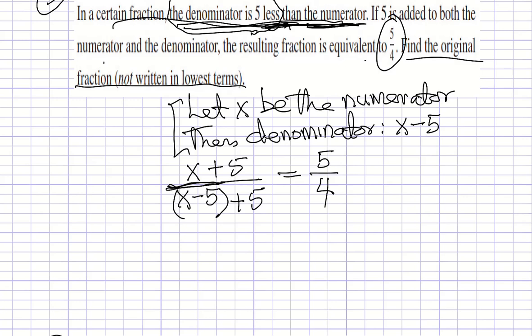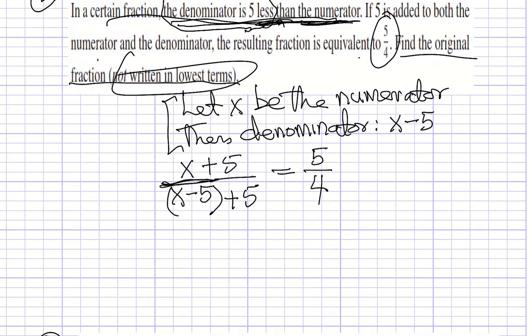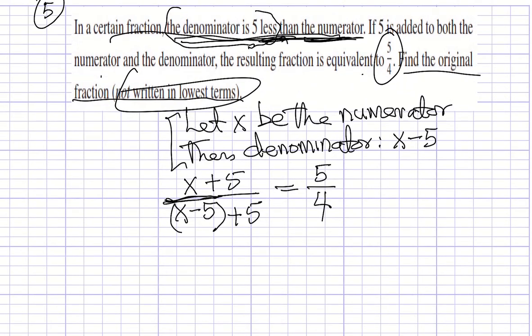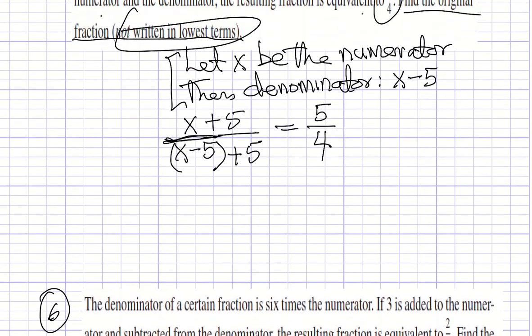They say you don't have to simplify. That's all that is saying. You don't have to simplify. But you see, we can find the fraction. Watch this. So let's solve that in there.